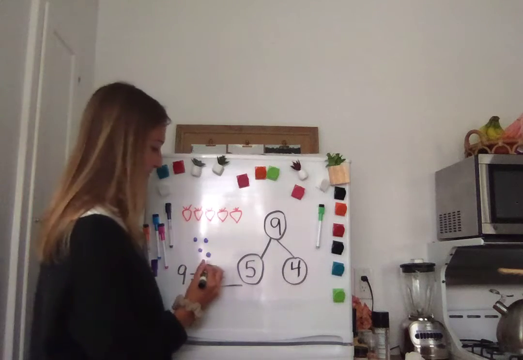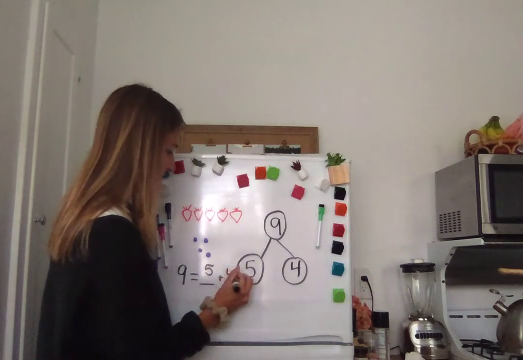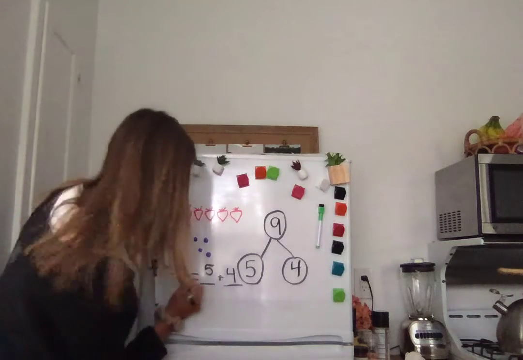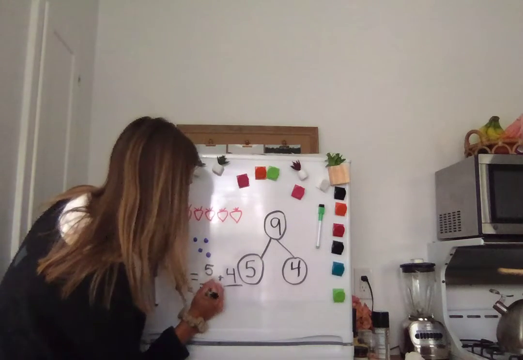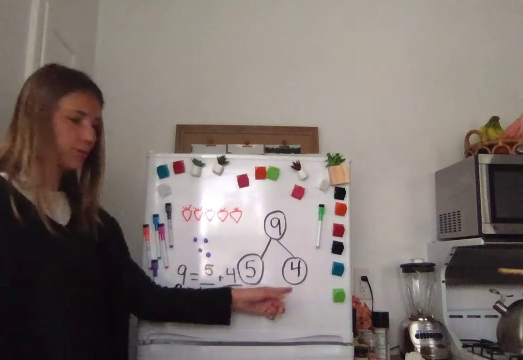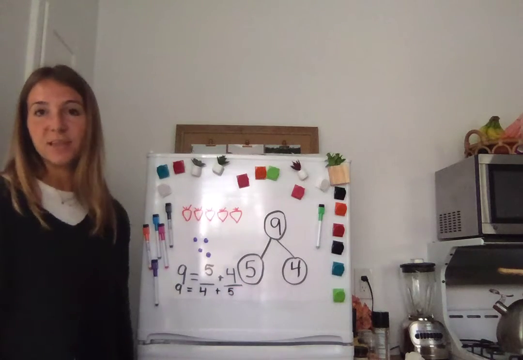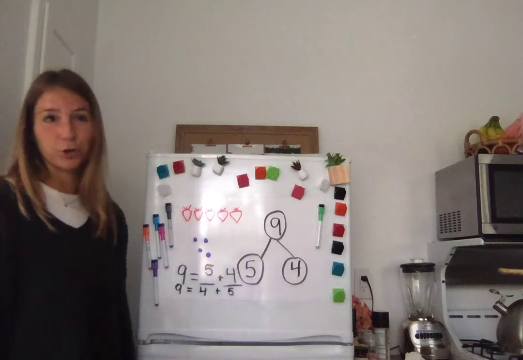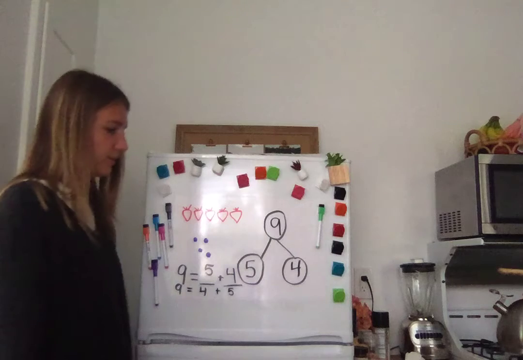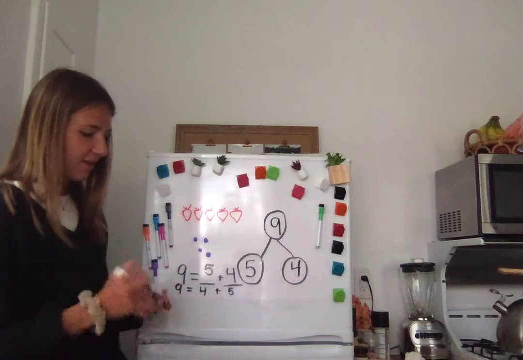So you could do 5 and 4. You could have also said 9 equals 4 plus 5. It doesn't matter which way we do it. These are still my 2 parts. In subtraction, it matters which order we do it. It matters which number you take away. But here, it doesn't matter. We can put it in either order. All right, way to go.